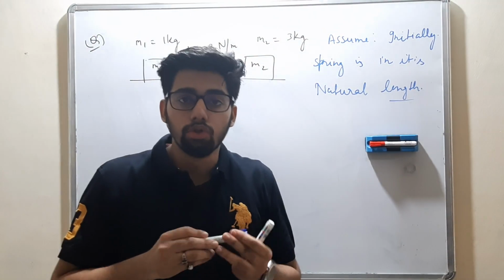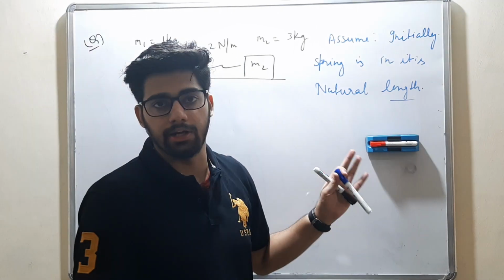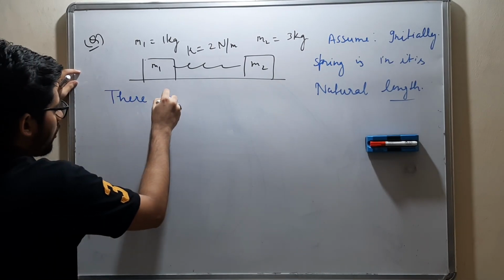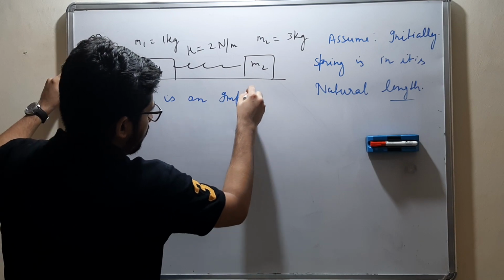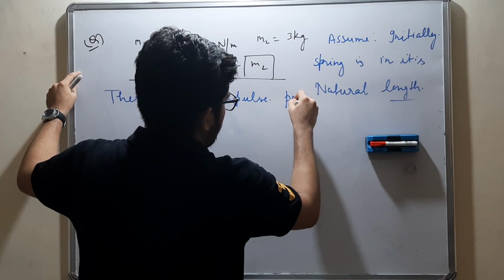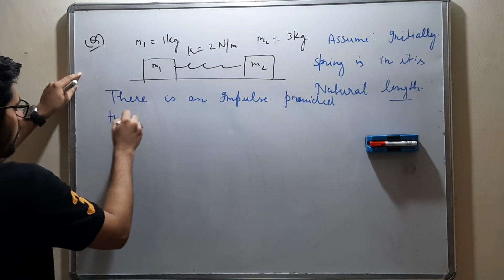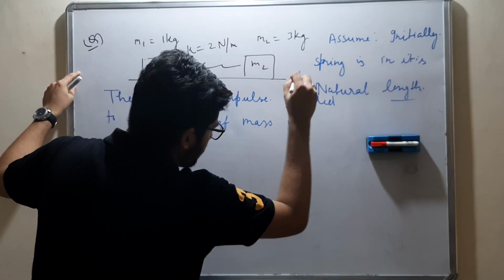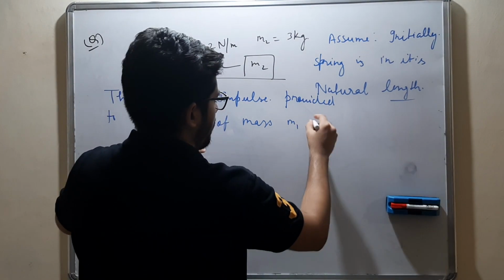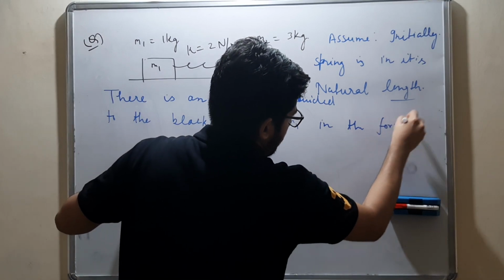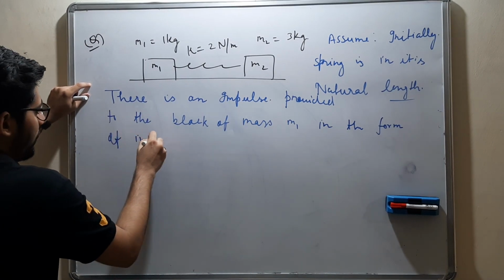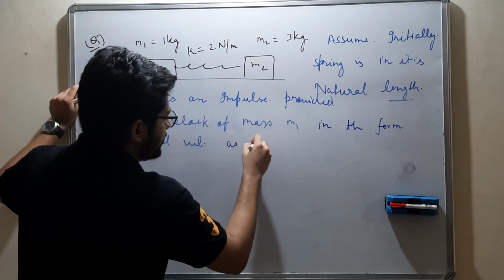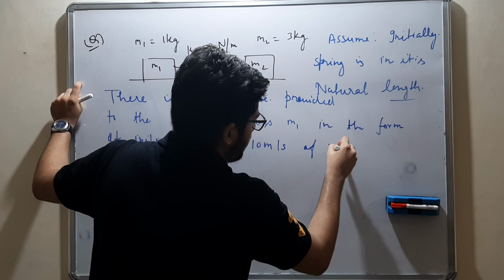That means there is no compression or extension in the spring in the starting. Now an impulse is provided to the block of mass m1, in the form of an initial velocity of 10 meter per second of m1.